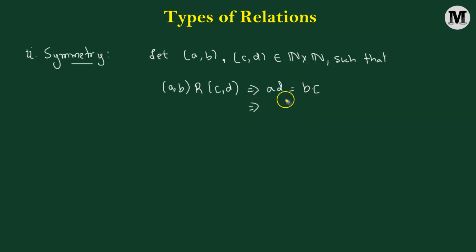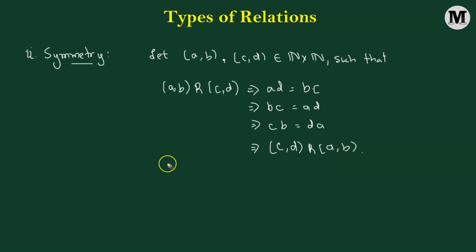Which means that we can rewrite it as BC equals AD, or in place of BC, we can simply write C times B, which is equal to D times A. The reason we're writing C times B equals D times A is that this tells us that (C, D) is related to (A, B).